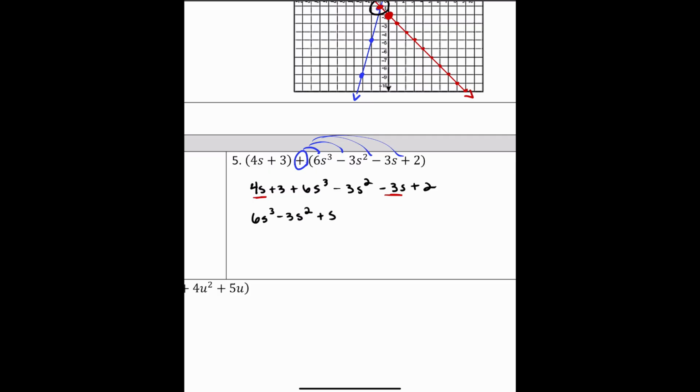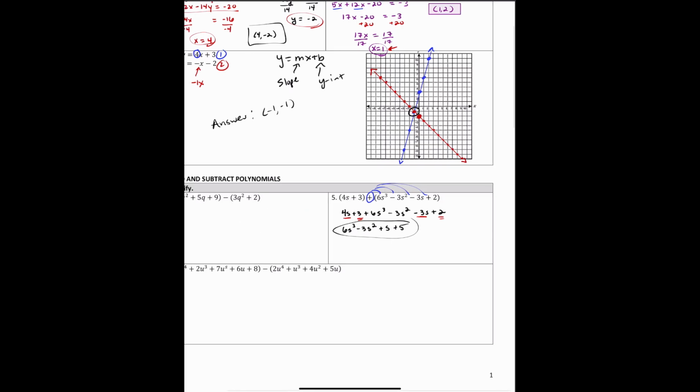And then we have our constants, that 3 and that 2. 3 plus 2 is 5. So this is our answer. Now, it's always best practice to leave your answer where you start with the highest exponent and then you go all the way down, okay?